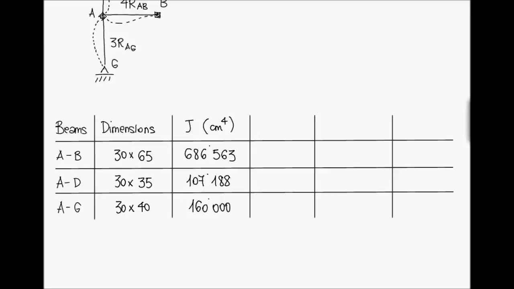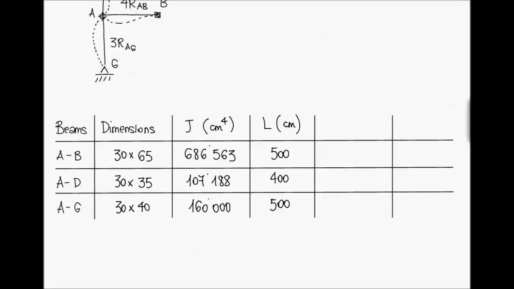These are the moments of inertia for the cross sections. The length of the beams in centimeters is 500 for beam AB, 400 for beam AD, and 500 again for beam AG.